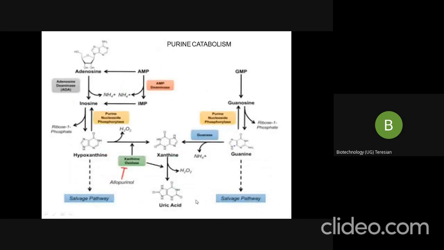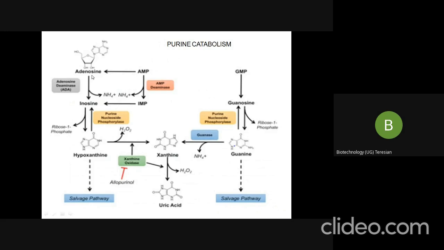Now coming to purine catabolism, you can see it is quite complex, but it is a very simple reaction. We start off with the AMP. This AMP can be converted into IMP by the enzyme AMP deaminase, wherein an amino group is released.